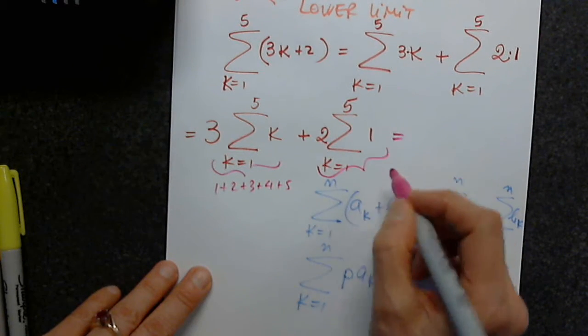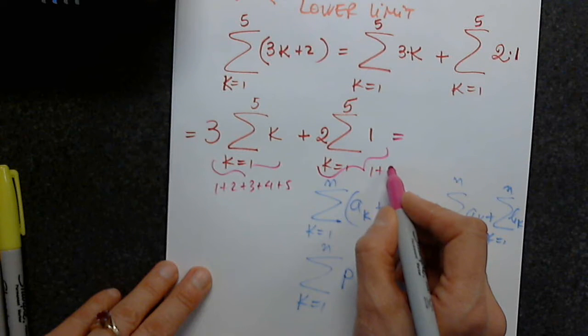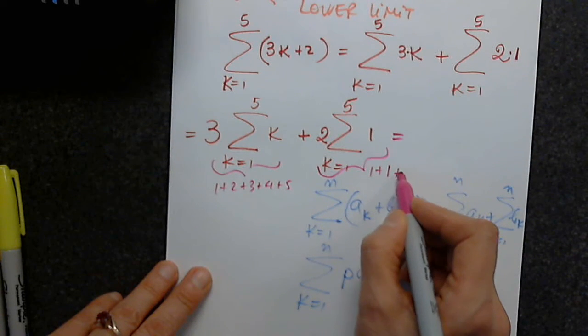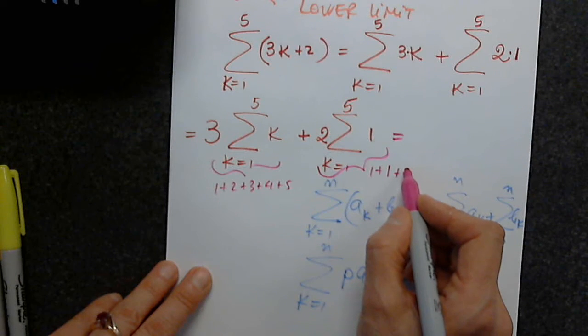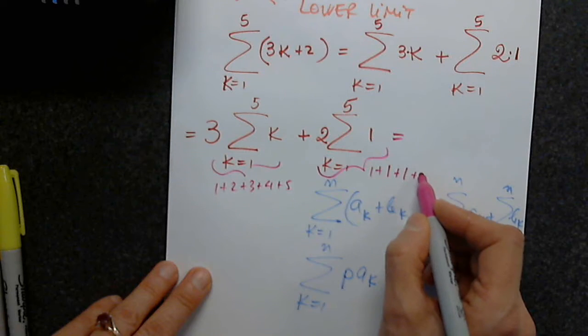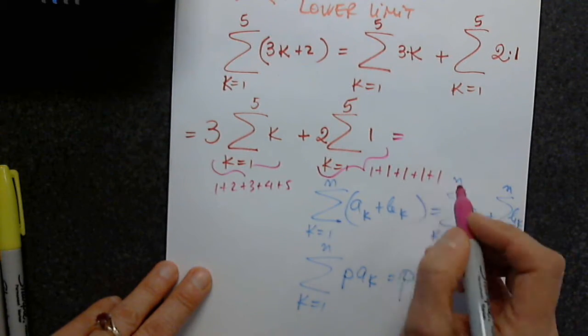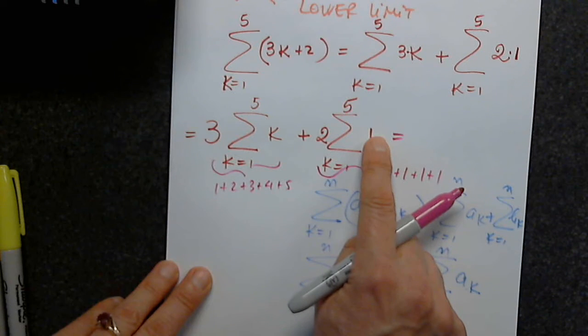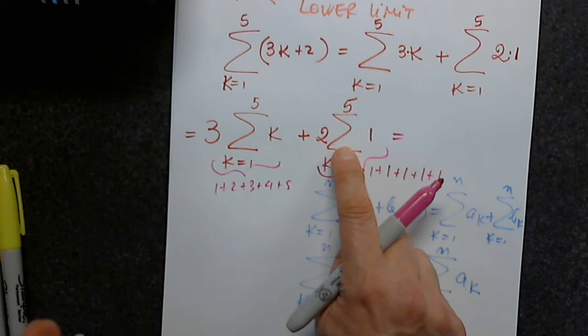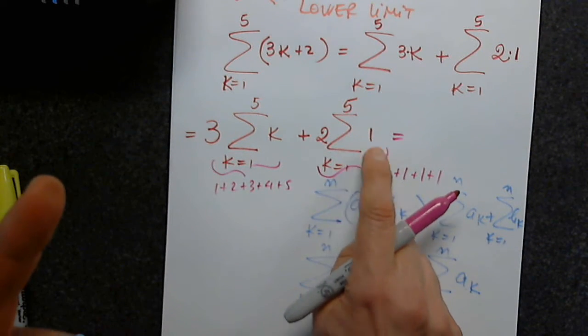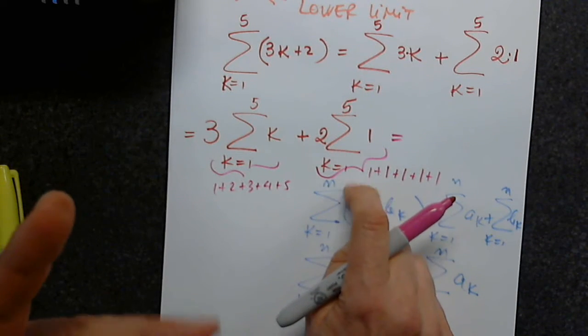What does this mean? 1 plus 1 plus 1 plus 1 plus, exactly. When K is 1, 1. The sum says plus. When K is 2, another 1. When K is 3, another 1.